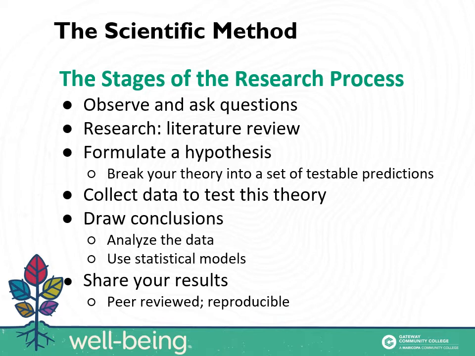The first step is observing and asking questions, and that's where you start to get really curious about things that you might want to learn more about, like, I wonder, does having pets contribute to well-being? So you then have this hypothesis that I think they do. I have 3 cats, and I feel they do contribute to my well-being.